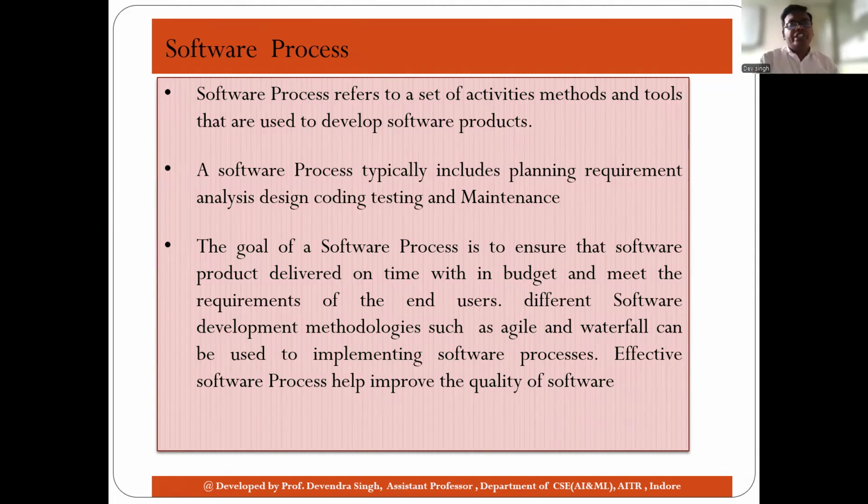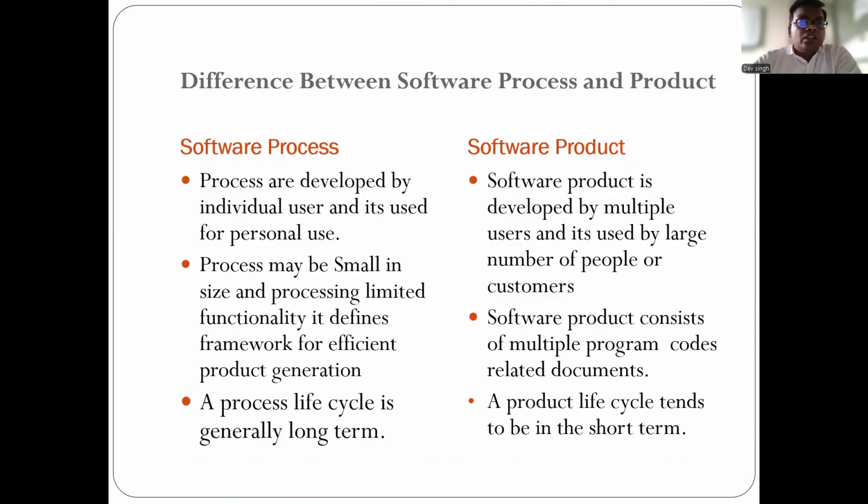The main goal of the software process is to ensure the software product is delivered on time, within budget, and meets the requirements of the end user. Different software development methodologies such as Agile and Waterfall can be used to implement the software process. An effective software process helps improve the quality of the software.